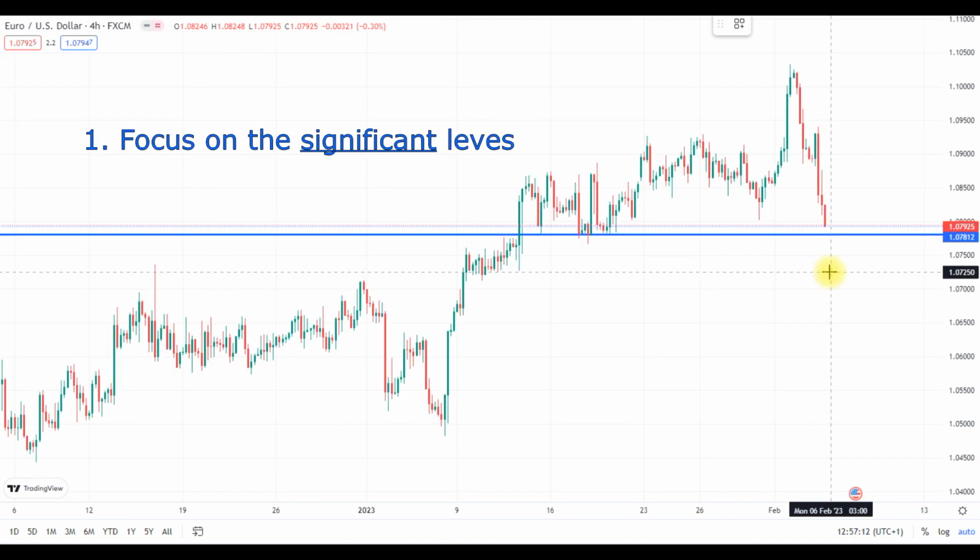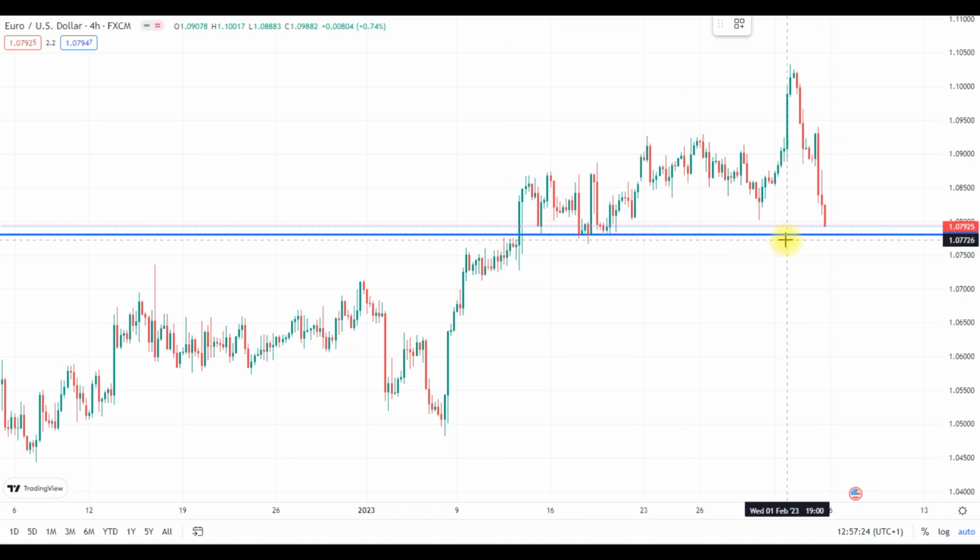Our first key factor for support and resistance levels is to focus on the significant levels. I've already drawn in a level that is really significant for this area and which is relevant for the price action right now. I've already seen charts where traders have drawn in every single support and resistance level they could find in the chart.